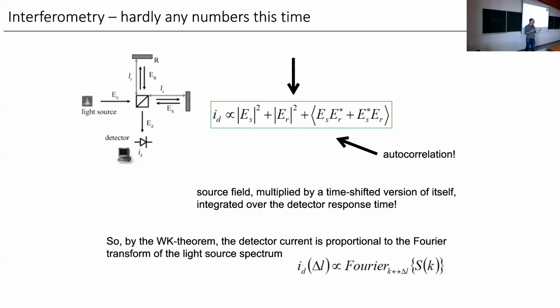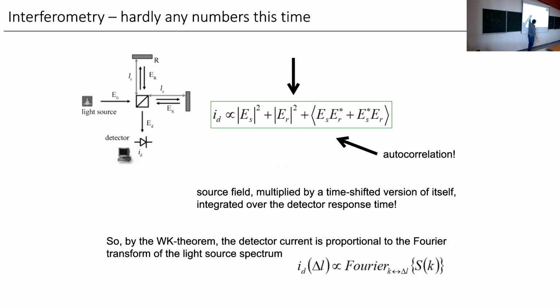The only difference between these two is the length that they travel. So the field in one arm is simply a little bit shifted version of the field in the other. So what this interferometer actually calculates is an autocorrelation, a correlation between the two fields.